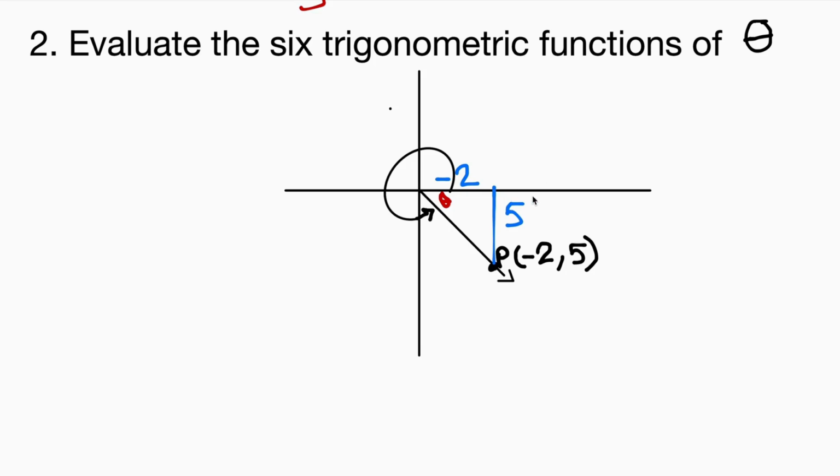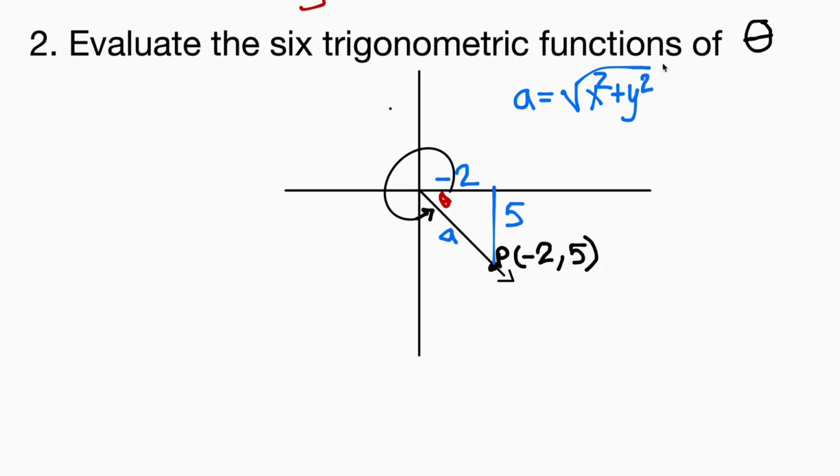Now that we know these two, we just have to solve for this hypotenuse. Let's not name it x, because that would be bad for our following equation, so let's name it a. To find a, we do the square root of x squared plus y squared.